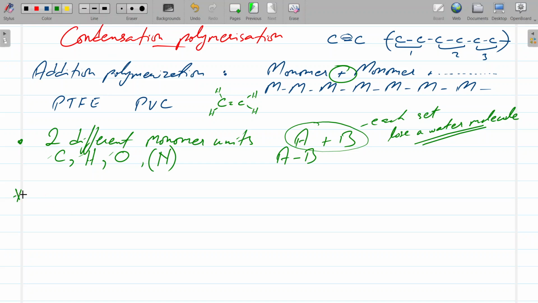Now, just on a side note, not something that I believe we've come across in chemistry, the reverse process of condensation is called hydration.